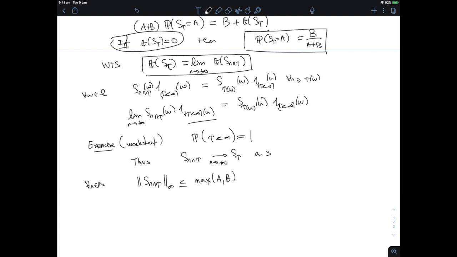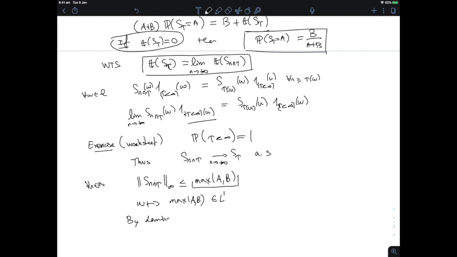So I have something that is in L infinity, and it's controlled pointwise by this constant, and this constant is in L1. So the map that sends omega to the constant maximum of a, b is in L1, and that's my dominating function.